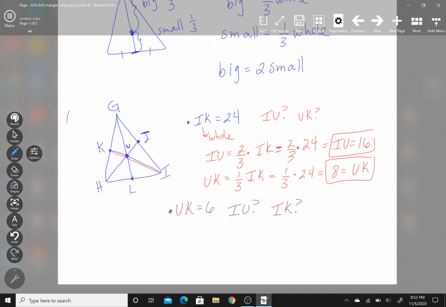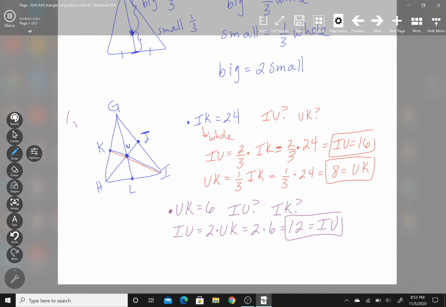Okay, IU, again, is the big part. We have the small part, UK. So our big one is 2 times the small one. So IU is 2 times UK. So 2 times 6. So it's 12. So that's IU.